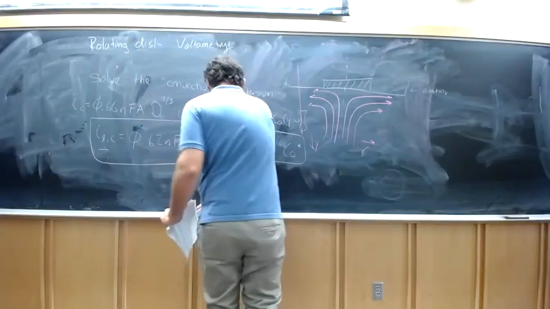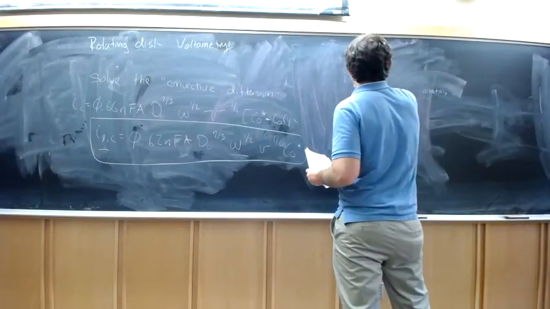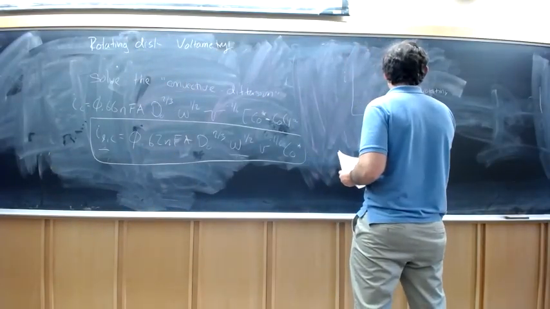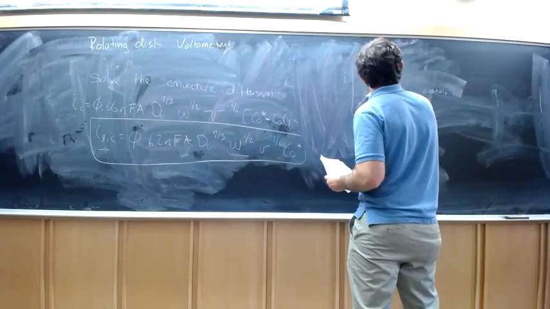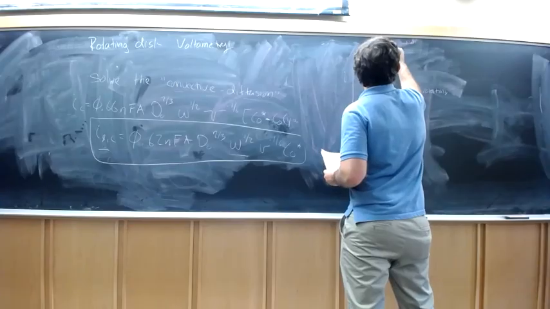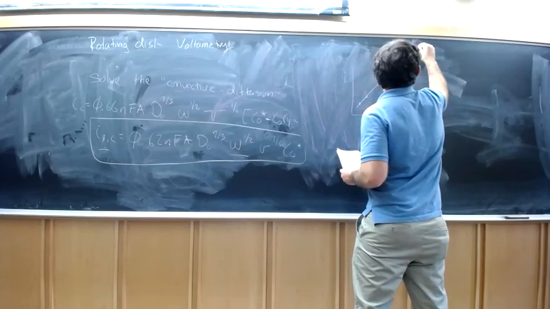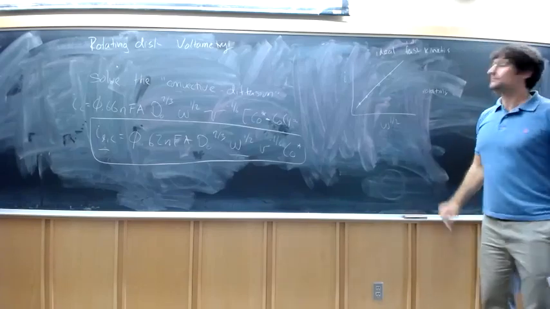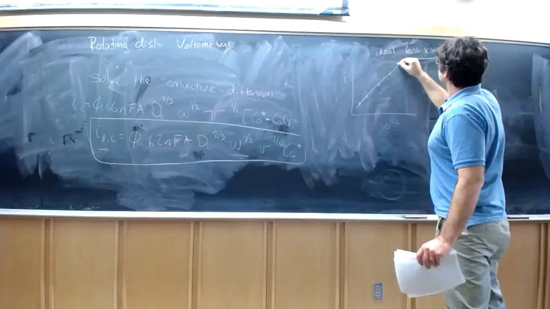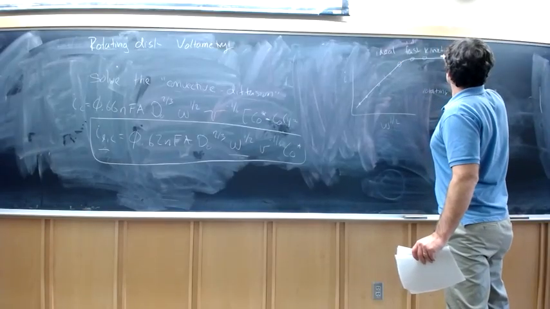So what people measure, if I plot I versus the rotation rate, if it was ideal, it should just go up. But at some point, it's going to start curving over.